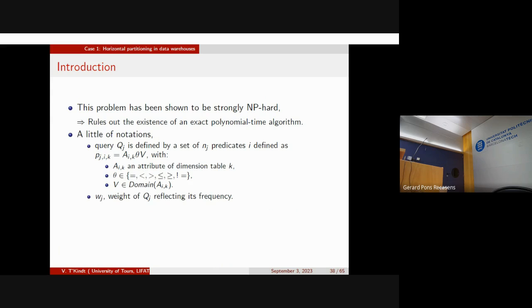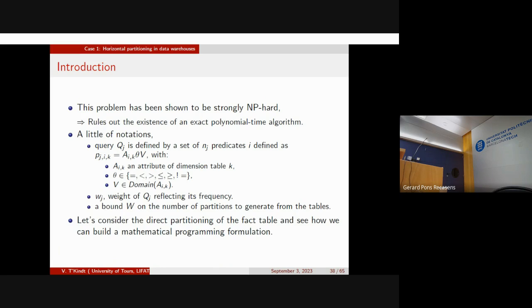Queries that come really often have a really high weight. And we also have a bound W on the number of partitions that we want to generate from the table. This is accessory data, but it was also given to us. Don't create more than big W partitions.